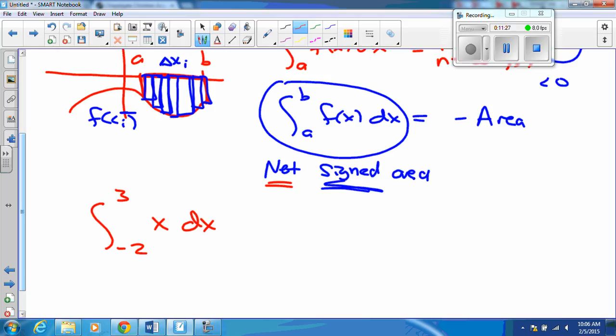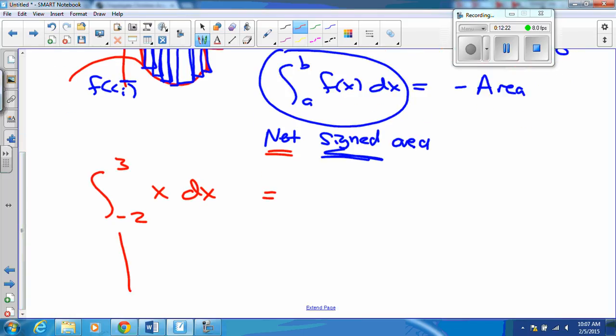Go. Hopefully your region looks like this.